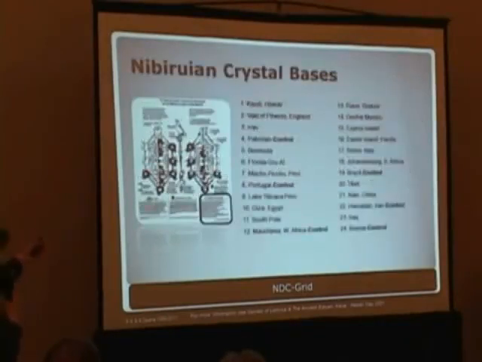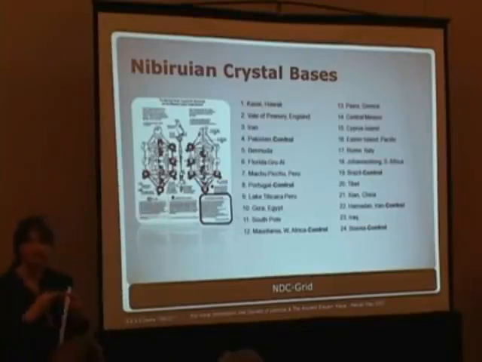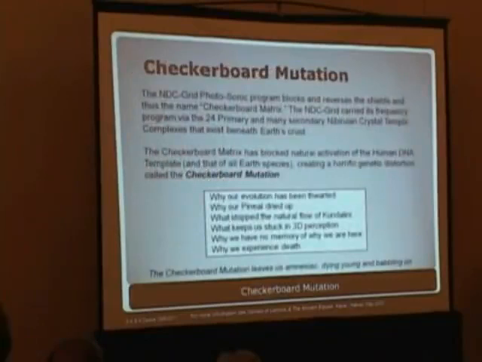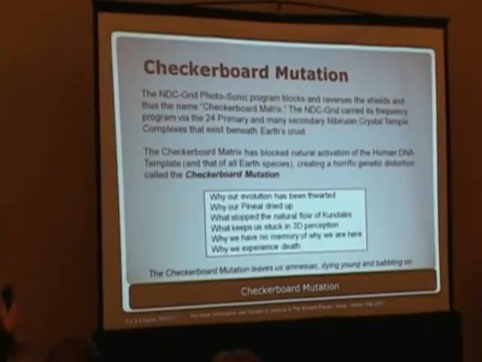And this is just to show you, just to be complete, that this is what we've already gone over, so that we've covered all three areas of that diagram. So what exactly is it? The Nibirian Dyadic crystal grid photosonic program blocks and reverses the shields, and thus the name the checkerboard matrix. So some of them are turned on, some of them are turned off, some of them are reversed, some of them are not.